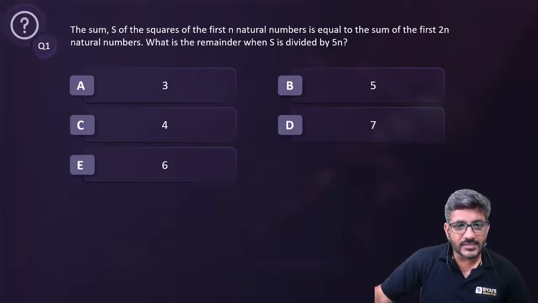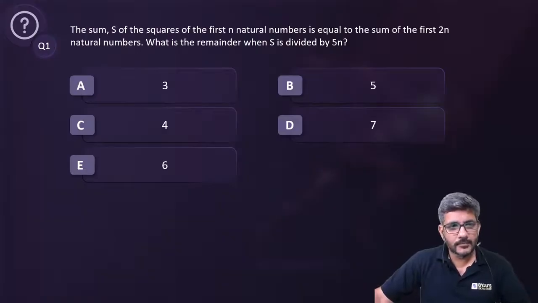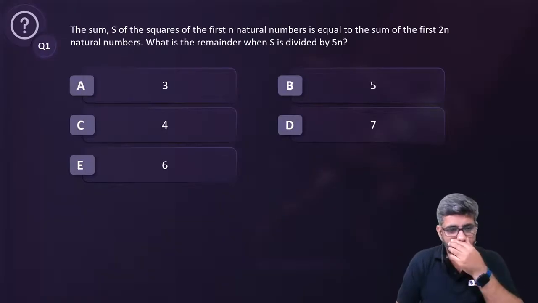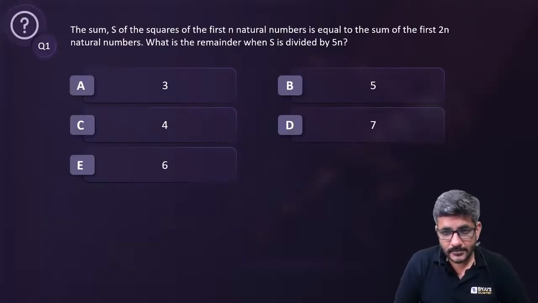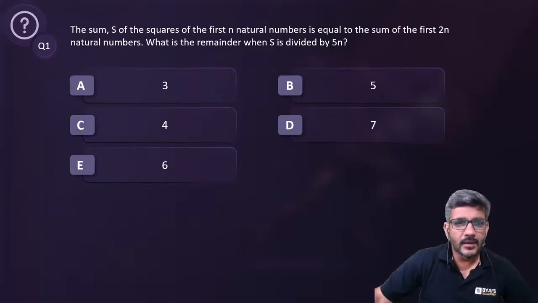I would like to see some answer before I start discussing it. Any answer, guys, from anyone?